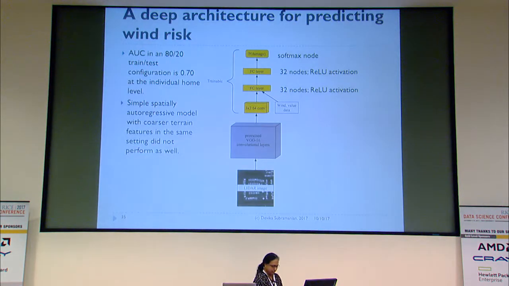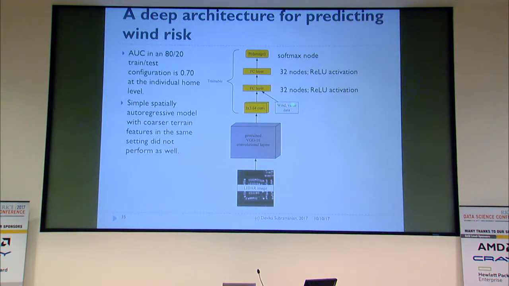This is ongoing work with an undergraduate student of mine. And this is the deep architecture for predicting wind risk. We use all of the information in a two-stage process. We start with the LiDAR image. So we put a home in the center of this LiDAR image, take a 200 by 200 meter tile. I'll talk about how we process that.